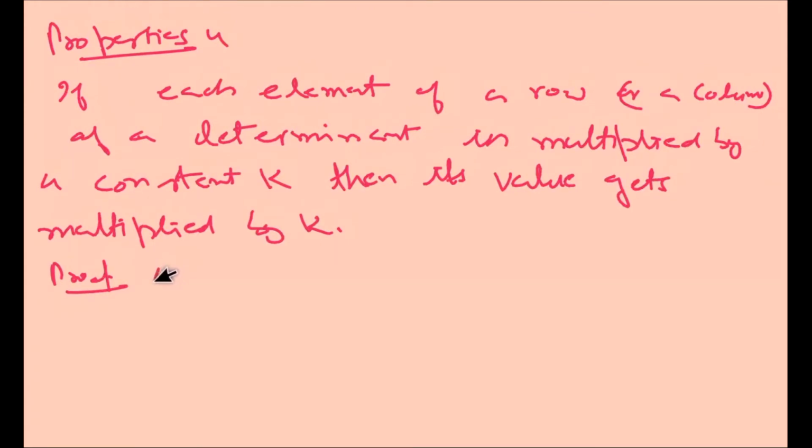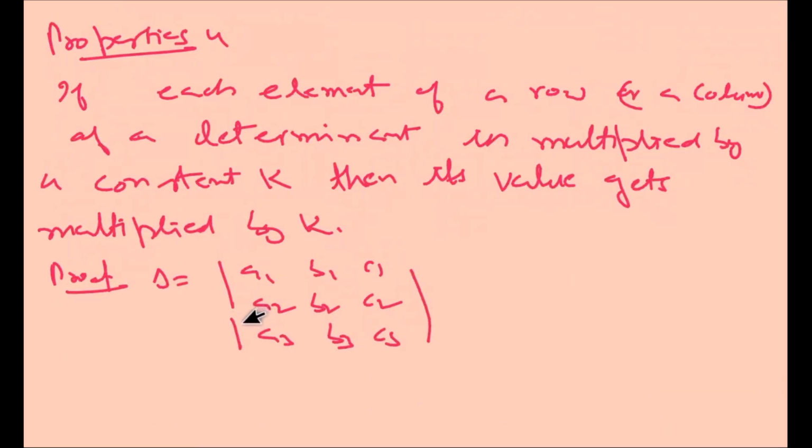Let delta equal to, again we are taking the same way, a1 b1 c1, a2 b2 c2, a3 b3 c3. Let this be delta.